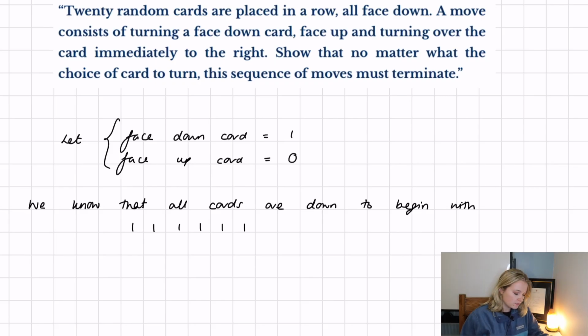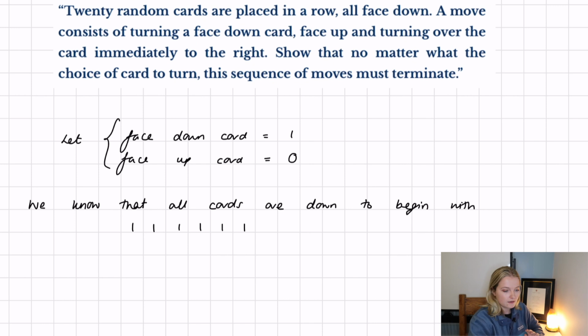Now, what you'll notice is by labelling a card down as a 1 and a card up as a 0, we're essentially doing binary here. The largest number in binary for, say, 20 cards would be all of the 20 digits being 1. So to begin with, we have the largest number, because all of the cards are facing down, so we have all 1s.